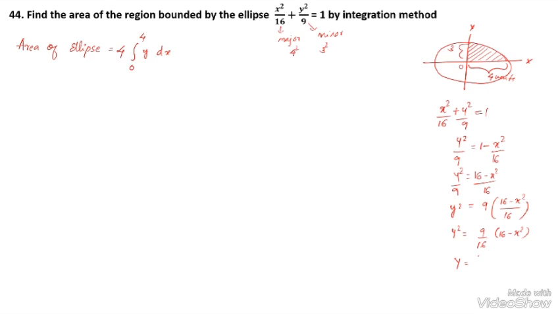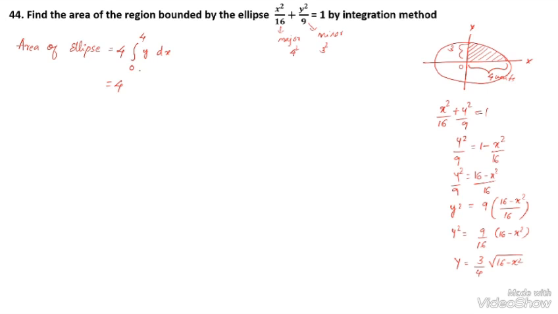That is, y is equal to square root of 9, which is 3, over square root of 16, which is 4, into root of 16 minus x squared. Okay, so what is the value of y? While solving this, I can substitute directly.